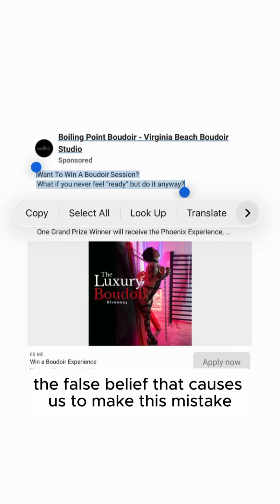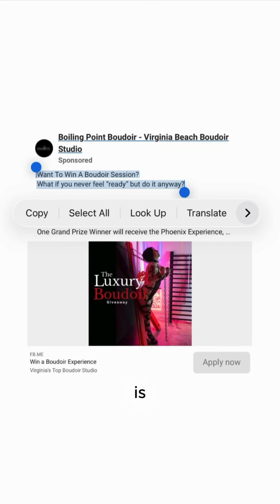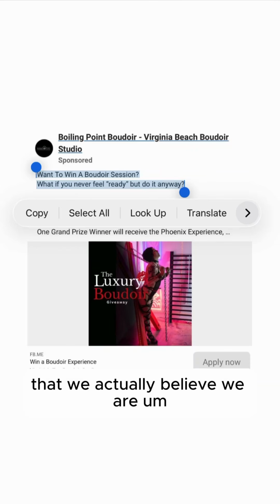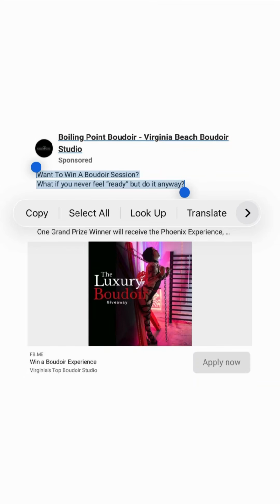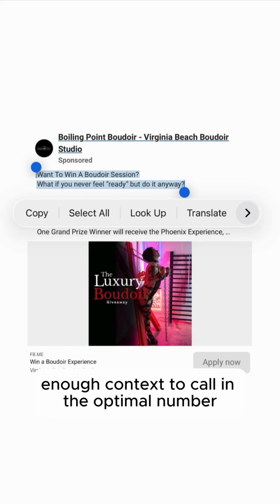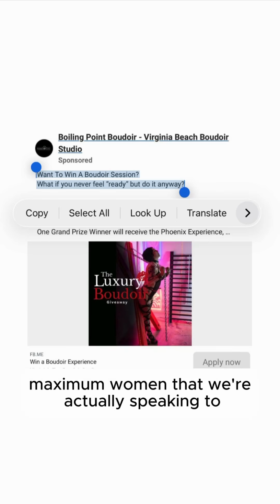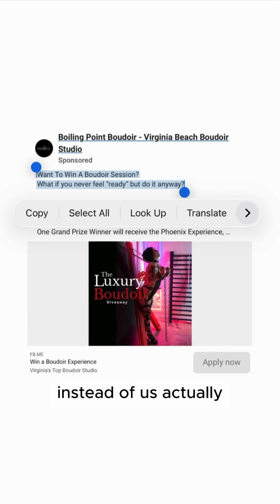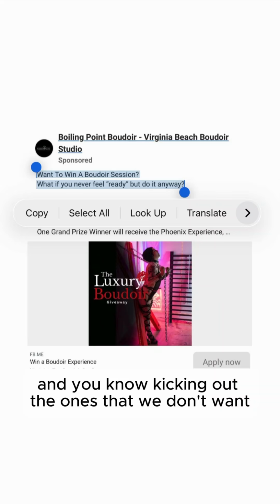The false belief that causes us to make this mistake is that we actually believe we've got enough context to call in the optimal number, the right number of maximum women that we're actually speaking to, instead of kicking out the ones that we don't want clicking on our stuff.